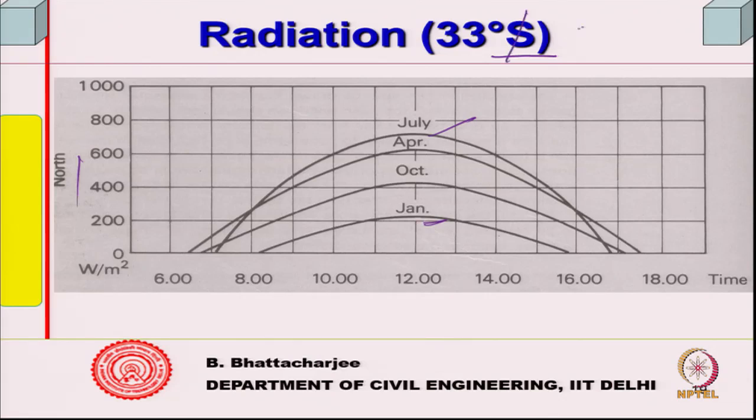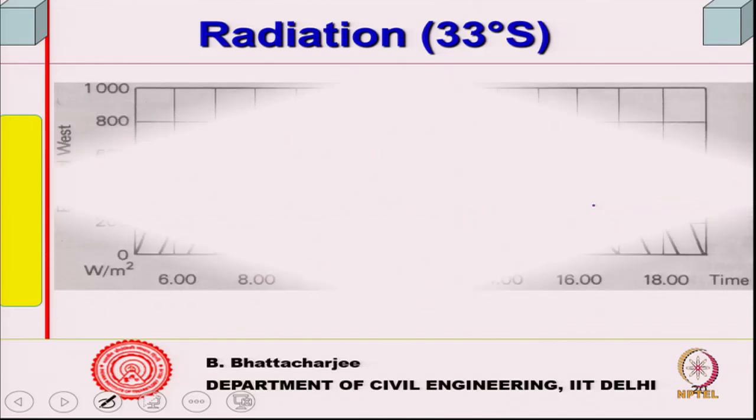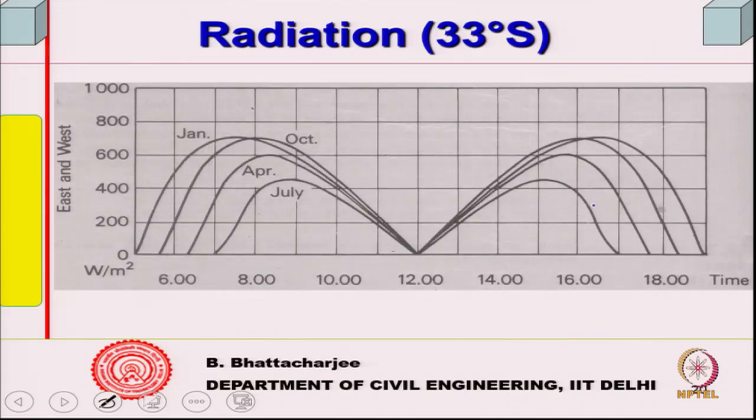And if I change this to north, this will change to south, and this will change to summer months, this will go to winter months. So, the south surface receives maximum radiation during winter. So, this is the radiation pattern, and east and west of course will be similar, but hours should definitely get reduced because the sun rises later and sets earlier in winter.